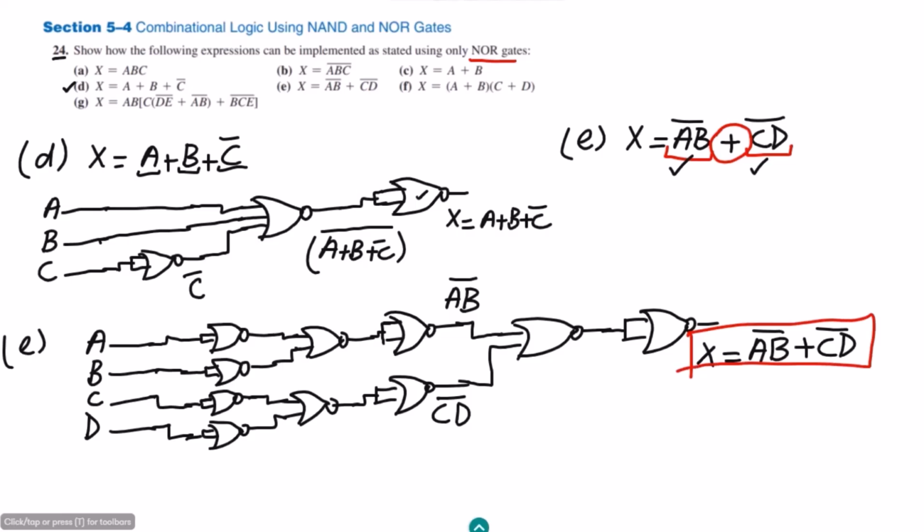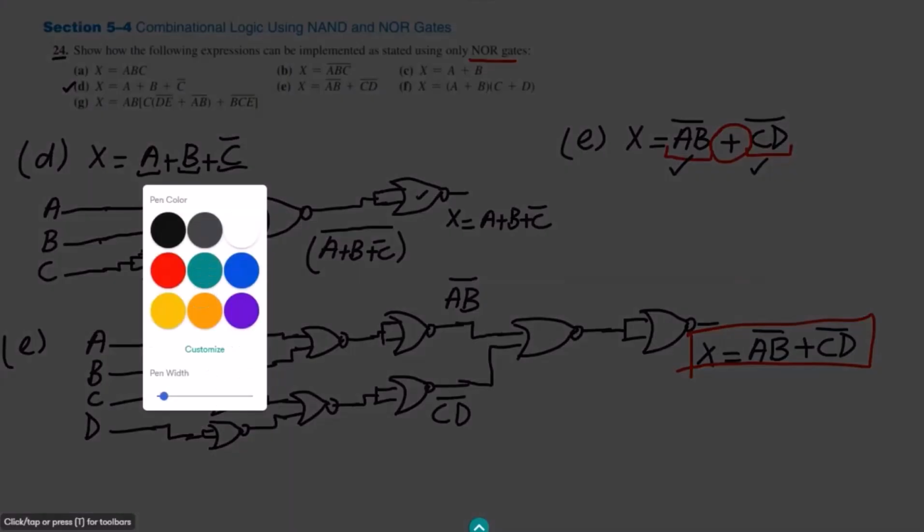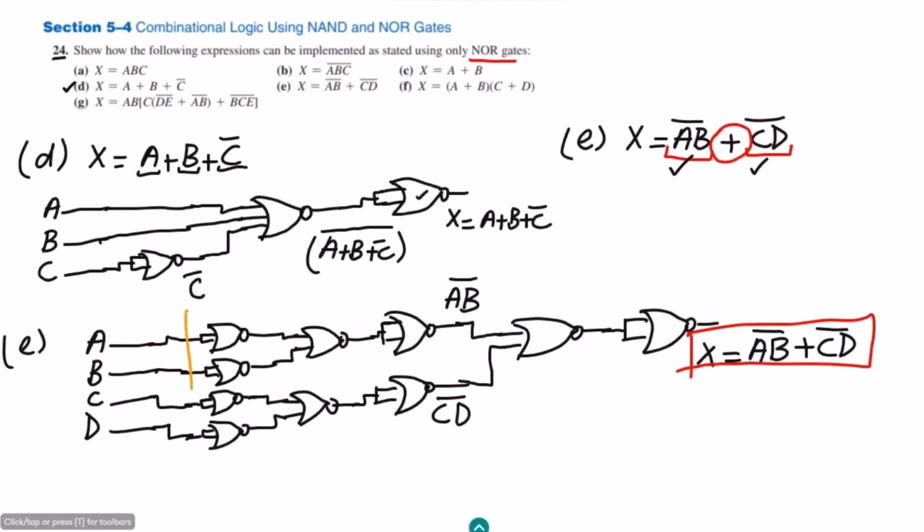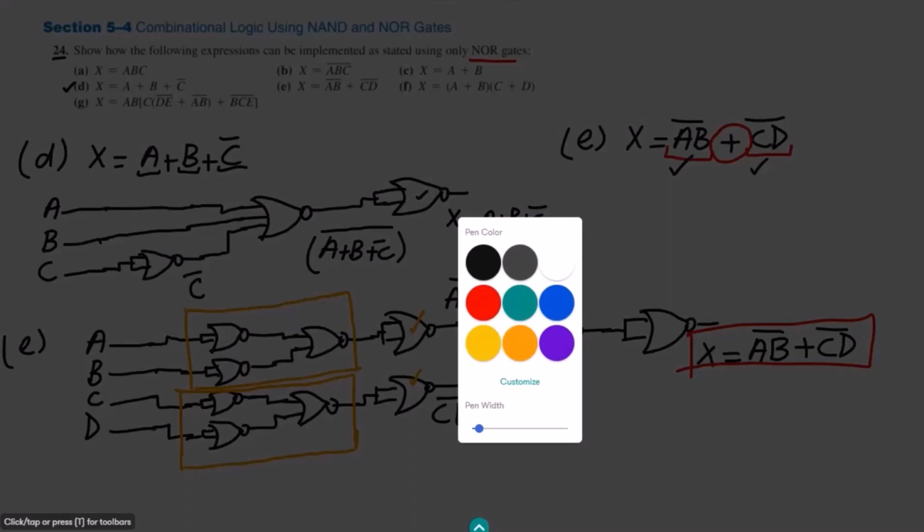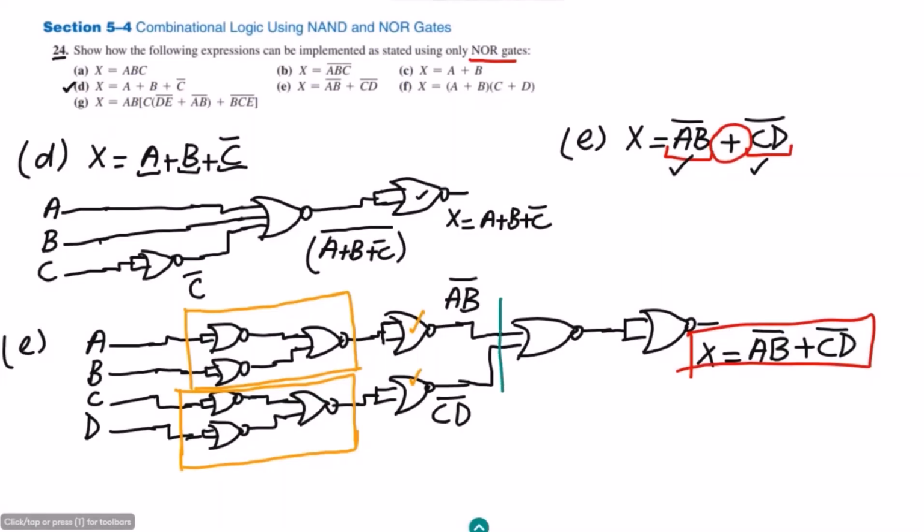Okay, and here we can very easily see that this is the first AND gate which we have applied here. This is the second AND gate which we have applied, and these two are for the NAND operation, while we can very easily see that this is what?